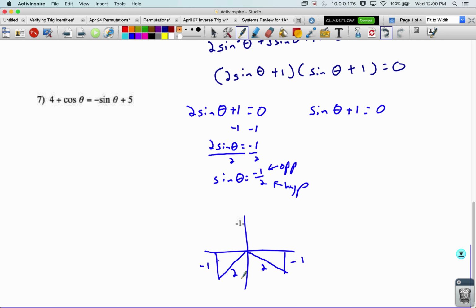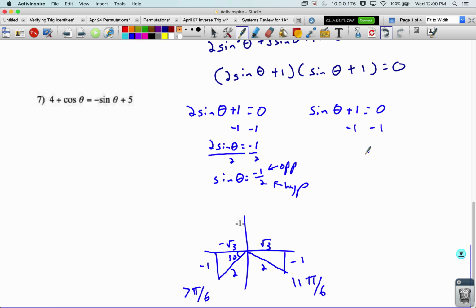This looks like my 1, 2, and the square root of 3 triangle. Meaning there's the 30 degree. So this is 7 pi over 6 is that angle, and 11 pi over 6 is that angle. So those are two of my answers.